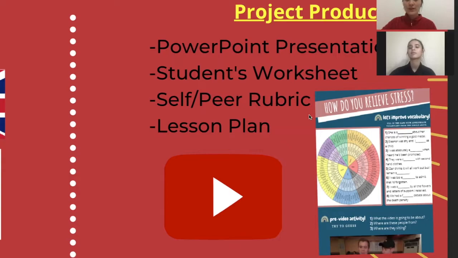We also had to prepare a lesson plan and a presentation. And finally, we prepared a rubric for self and peer assessment. And then, in conclusion, we had to upload our presentation of this poster of all the stuff we have learned on YouTube. What we are doing now.